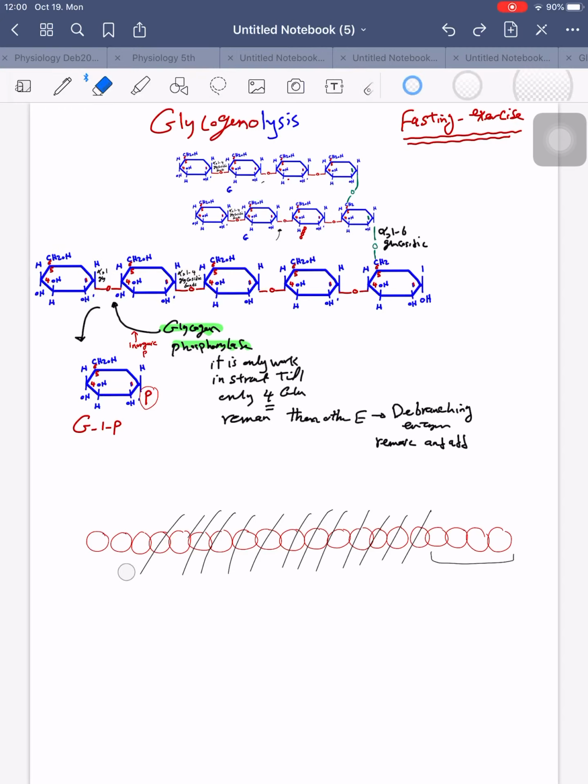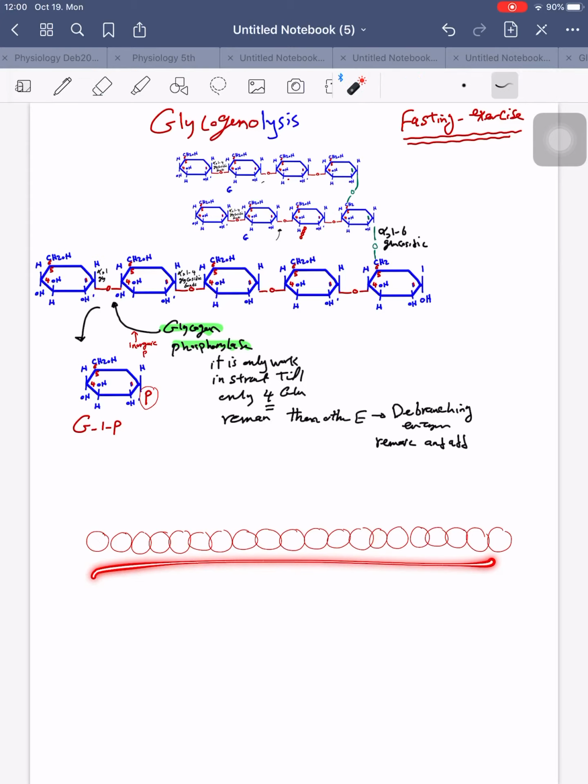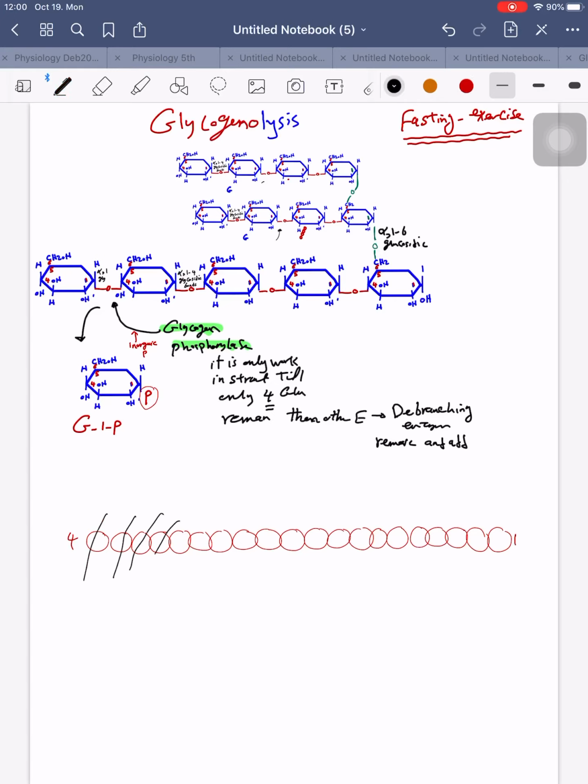Also, what I would like to explain to you: if we have here a glycogen in front of you, here is carbon number 4, here is carbon number 1. Usually we come to remove. Who can do this? Glycogen phosphorylase, and each glucose is released. Is it free glucose?